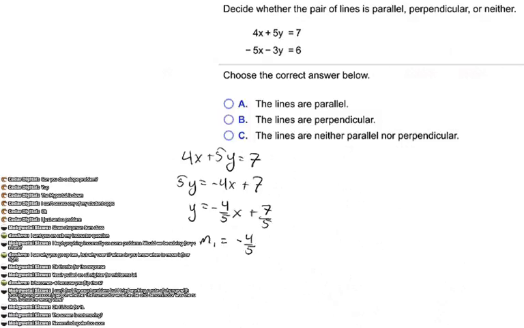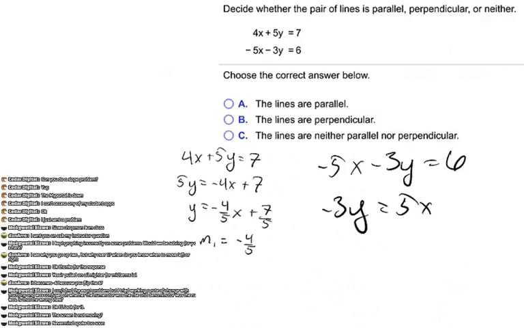The second one, we have -5x minus 3y equals 6, right? Let's do the same thing, solve for y. We can move the x, so we'll get -3y equals 5x plus 6, and then divide by -3. y is going to be -5/3 x minus 2.